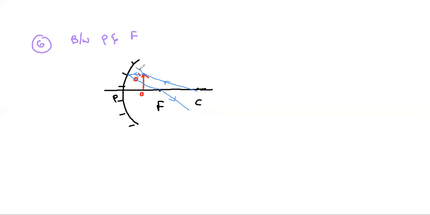After reflection, it will retrace its actual path. If you consider these two reflected rays, they are like diverging rays, so they will never intersect.